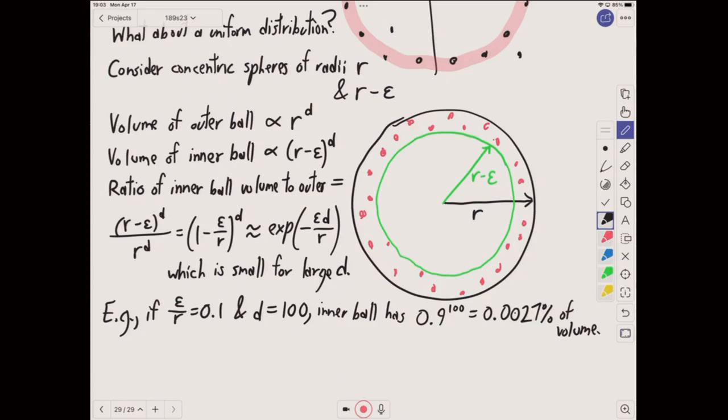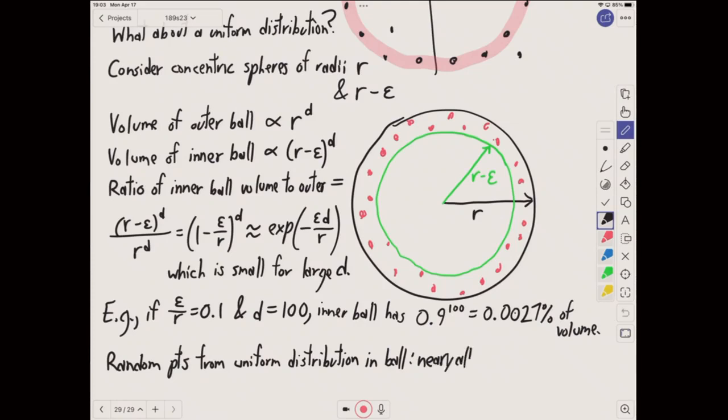So summarizing what we've learned about these two distributions, if you take random points from a uniform distribution in a ball, then nearly all the points are going to be in a thin outer shell, just inside the boundary of the ball.